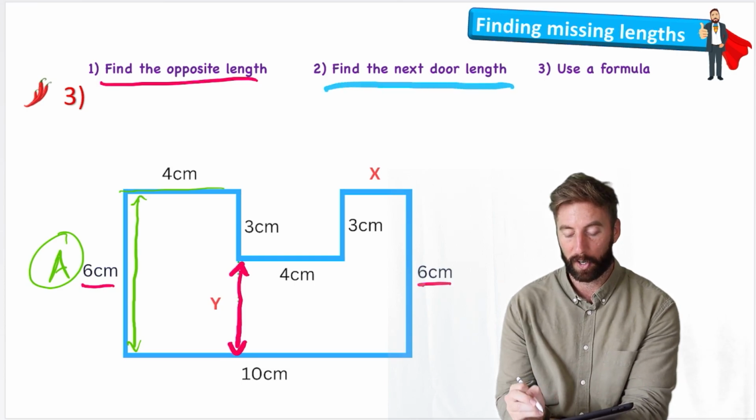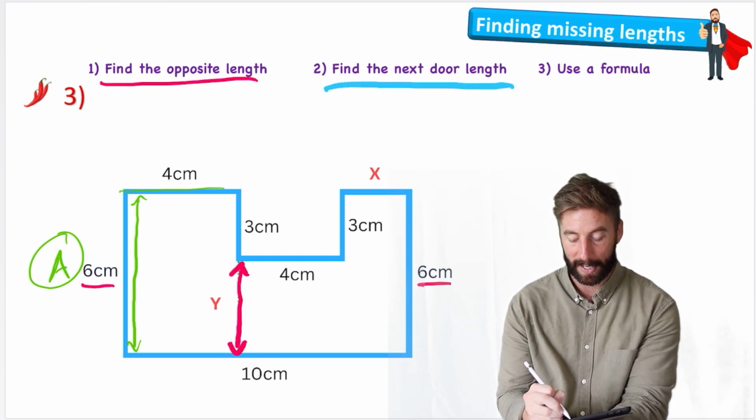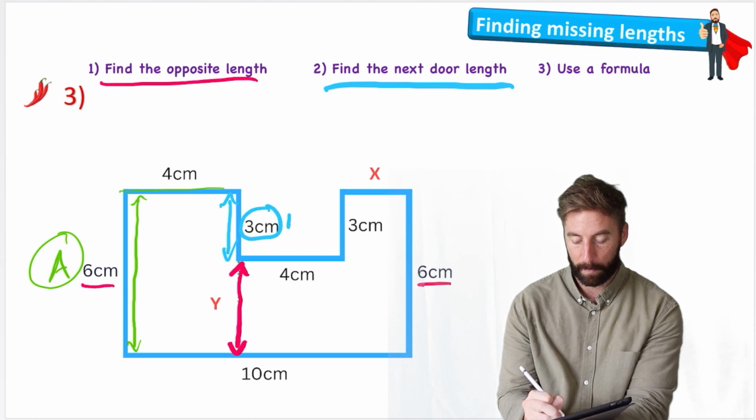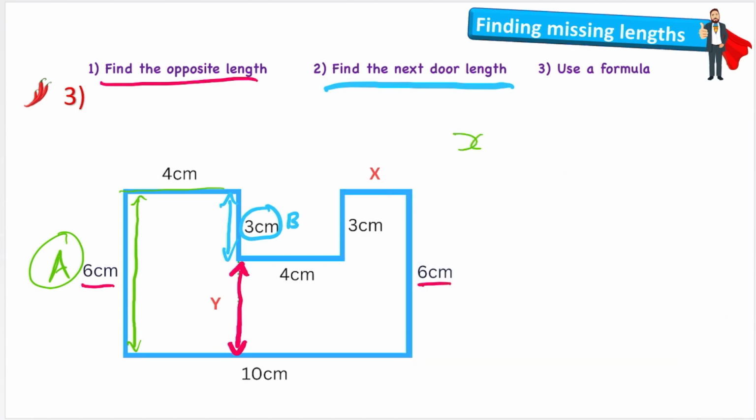Well, I can look next door for my other length, and I can see that next door I have a length of 3 centimeters, and we'll call this length B. Therefore, Y is equal to A subtract B, and now we can put those values in. A is 6 centimeters and B is 3, so Y equals 6 minus 3, which is 3. So my Y value here is actually 3 centimeters.